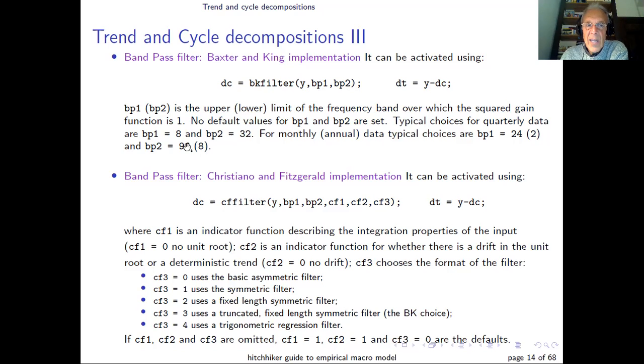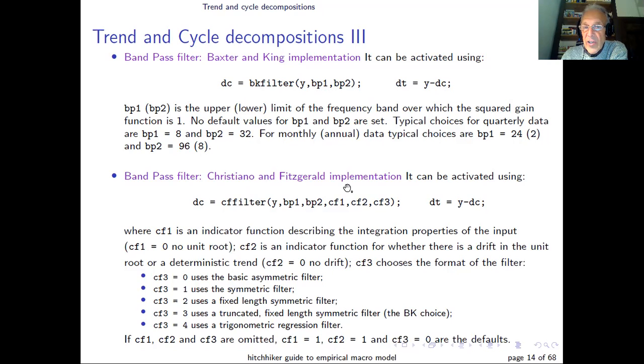So if you have quarterly data, you typically choose BP1 equal to 8, which is 2 years, and BP2 equal to 32, which is 8 years. The BK filter generates the cycle. So if you want the trend, you have to subtract the estimated cycle from the data.